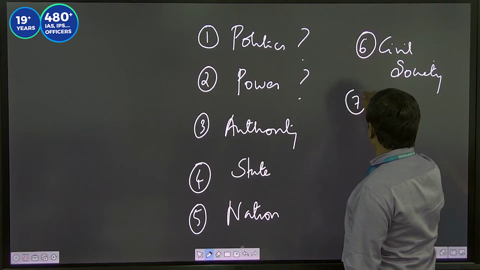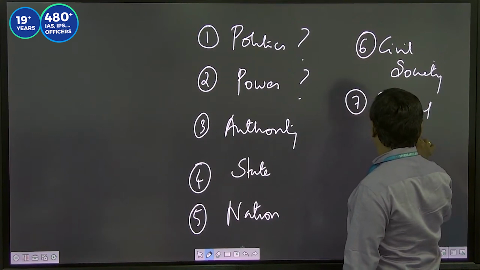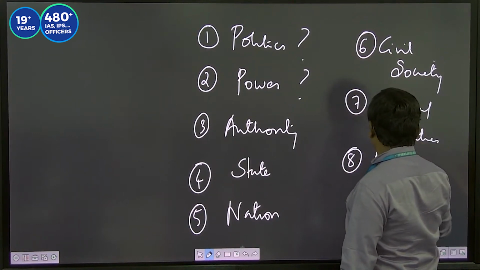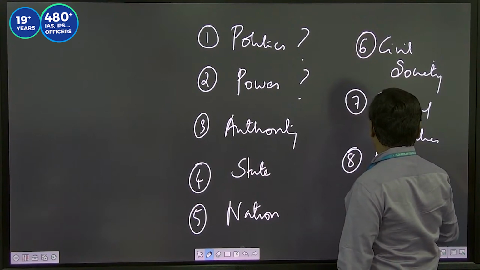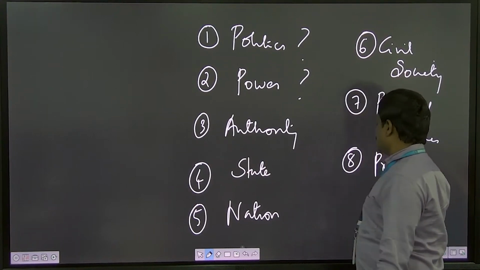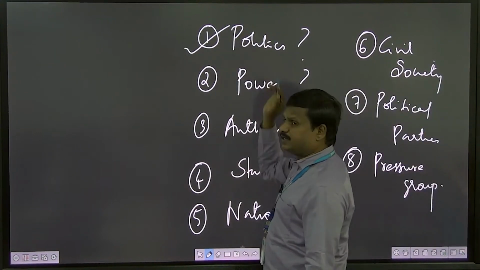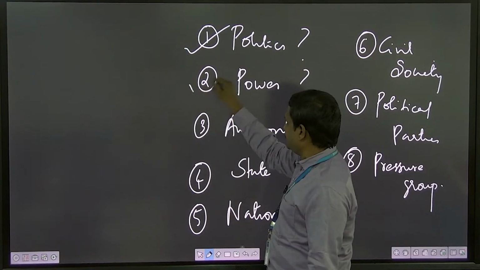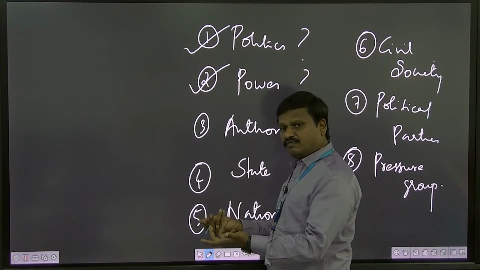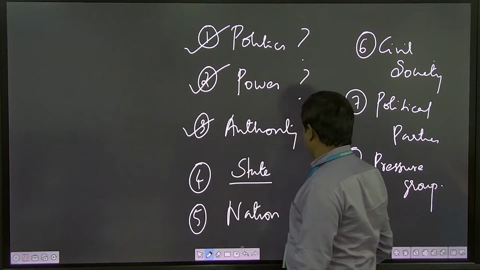Seventh, we will see what is political parties. Eighth, we will see what is pressure group. Okay. So this we have seen. What is politics? Politics means power differential. What is power? Power means making others to do something which others are not willing to do, and authority is legitimate power.